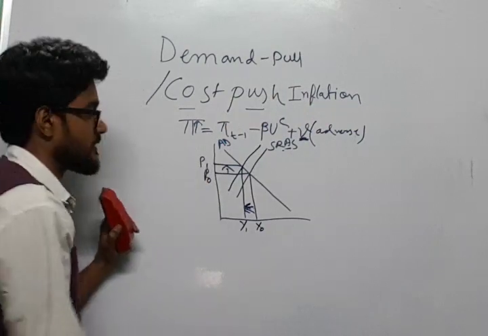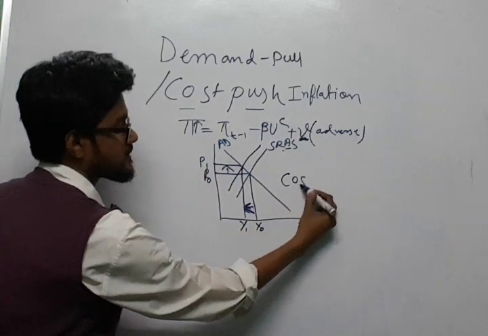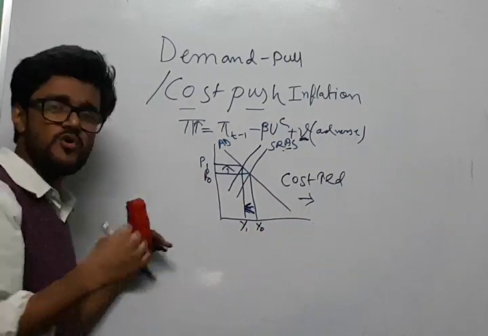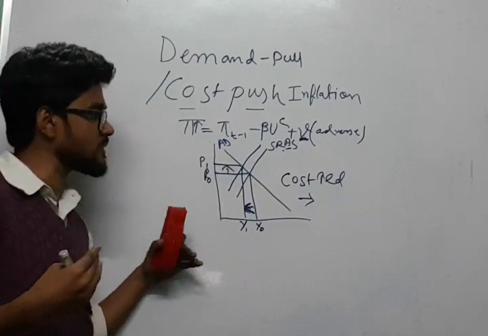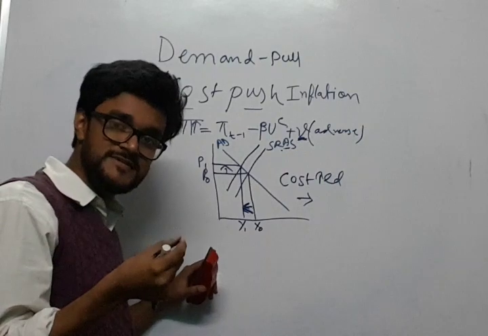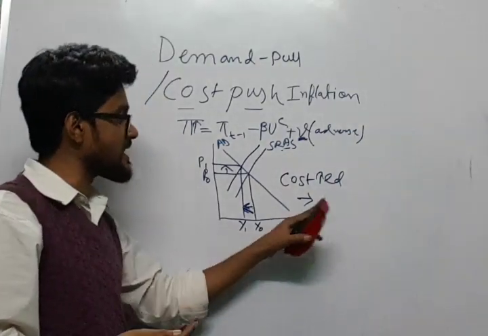That is, when cost has increased, producers, those who are producing the commodities, have less incentive to produce more. Their profitability has gone down.